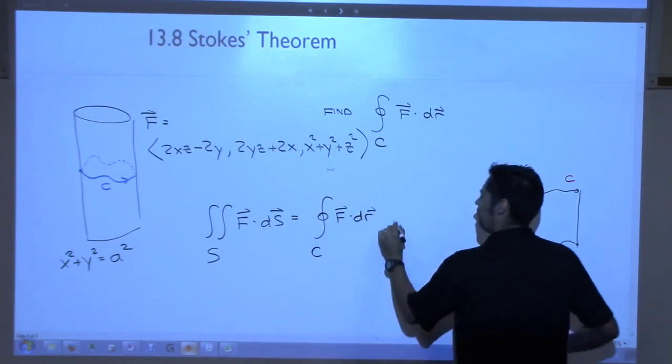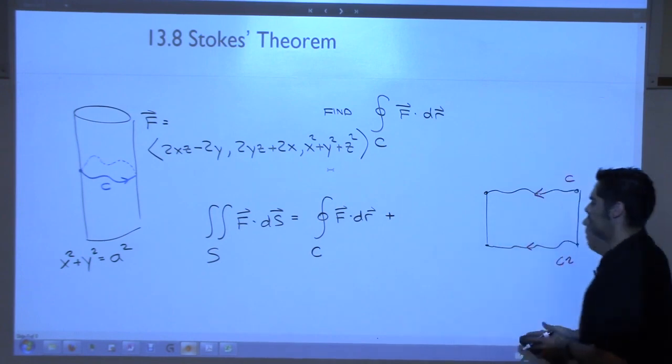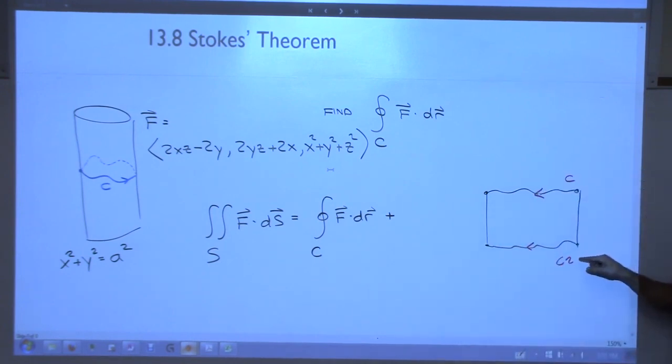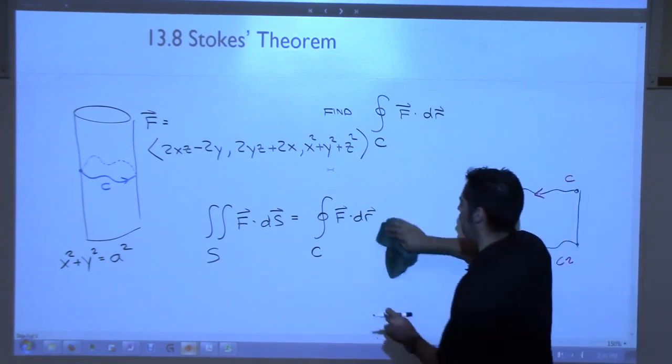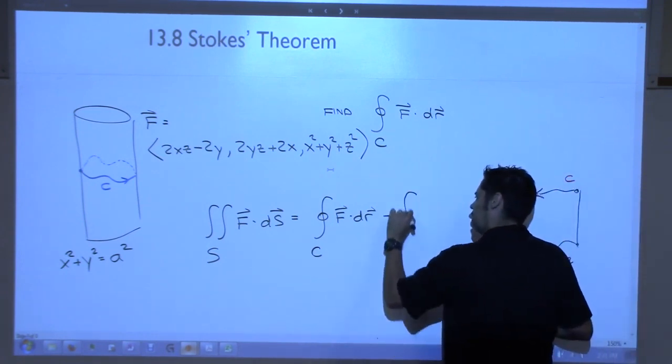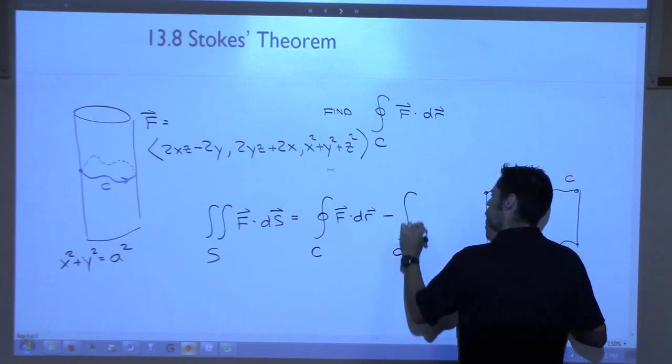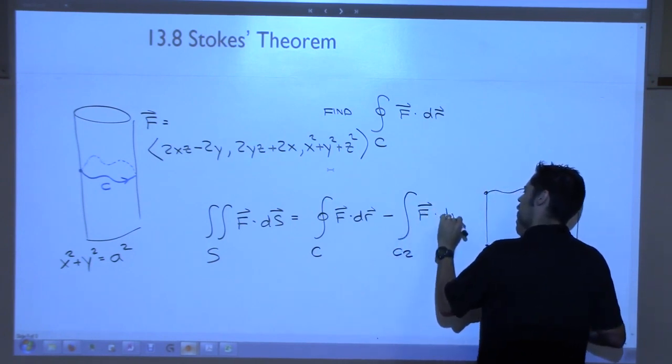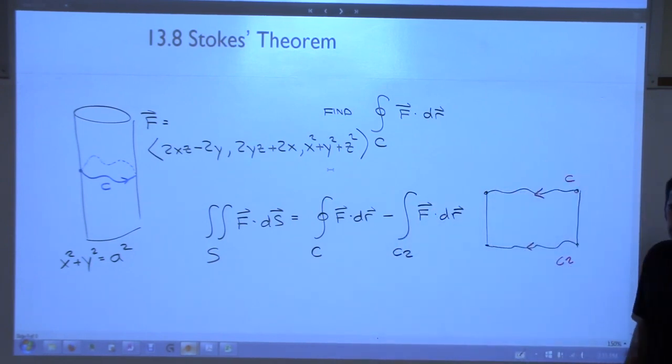Plus this one, but the orientation needs to be backwards, which means if I reverse the direction, I subtract, don't I? So how about instead I write minus this over C2 of F dot dr. Are you all with me?